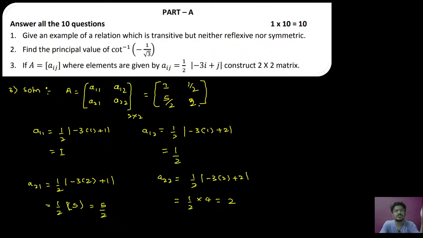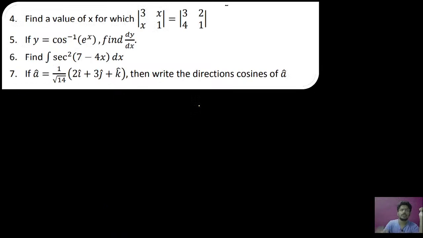Okay. So now we have completed our third problem. We can go to the fourth one. You can just see the fourth problem is: find the value of x for which the determinant |3 x; x 1| is equal to the determinant |3 2; 4 1|.